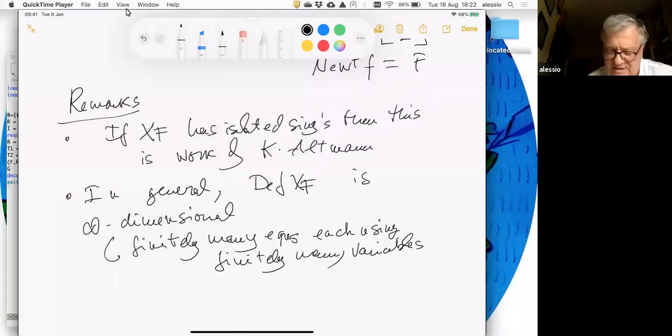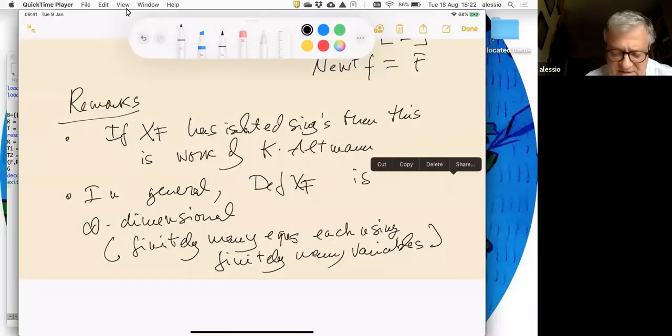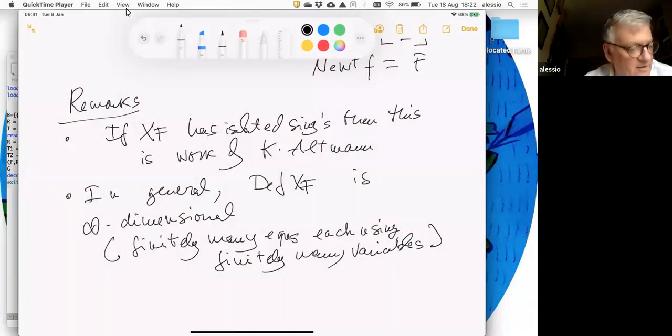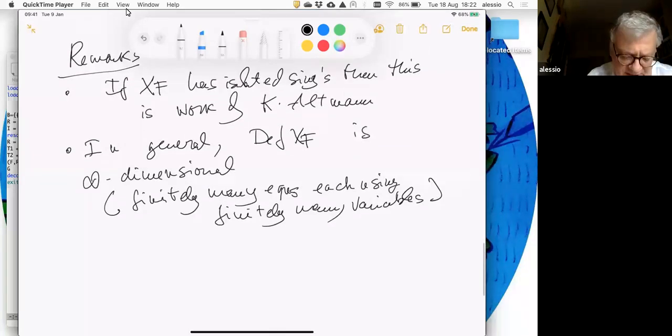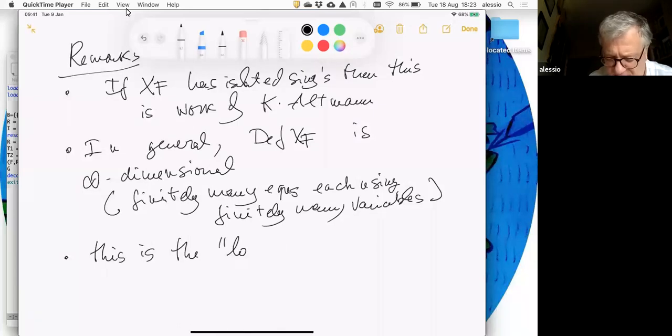If you know about these things, this is pretty clear. So in the end, the fact that the space is infinite dimensional is a bit of a red herring. And the last thing I want to say is that this is the local case of Fanosearch.